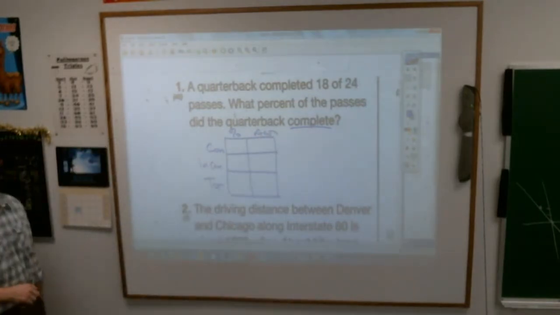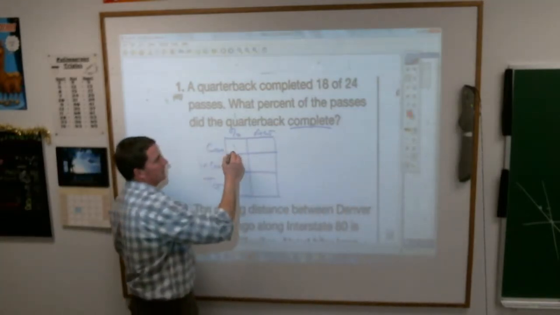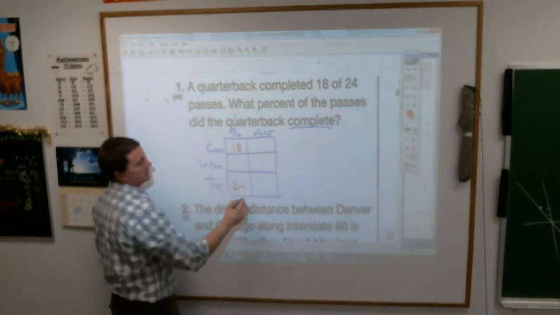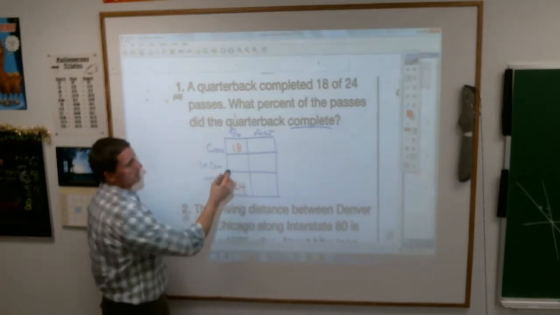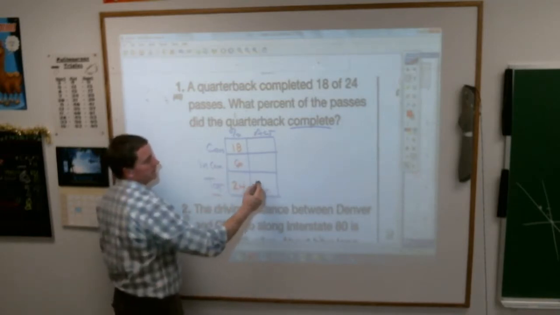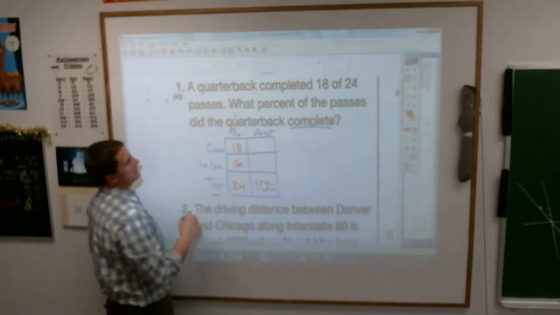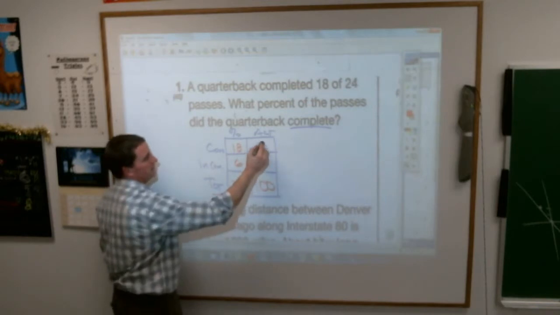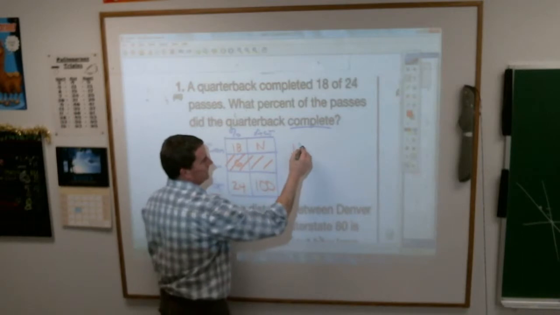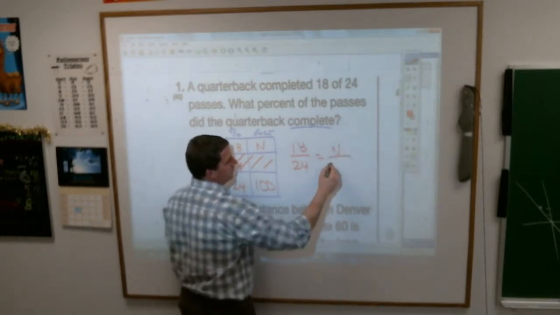How many passes did he complete? 18. How many total passes did he throw? 24. So how many incomplete passes? 6. What's my total percentage? 100. And then they wanted to know what percent did the quarterback complete. I want to know that percent. I don't need this. So 18 over 24 equals what number over 100?